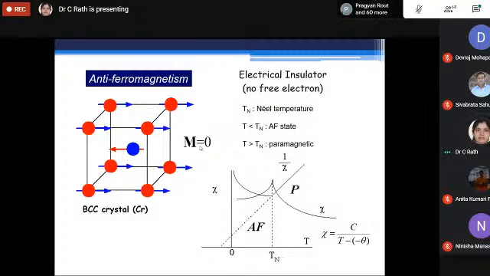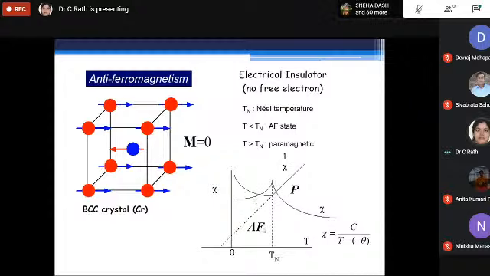So both sublattices are ferromagnetic, but the interaction between the two is antiferromagnetic, and that gives rise to zero magnetic moment when you are not applying any magnetic field. But when you apply a magnetic field, some of the magnetic moments which are near the magnetic field direction align towards it, and the magnetic susceptibility increases.